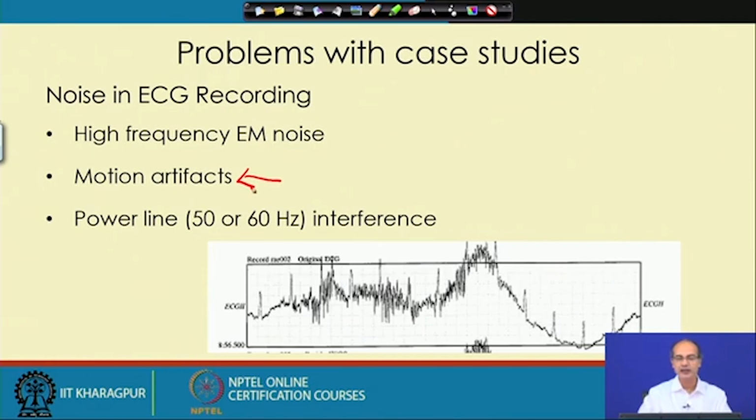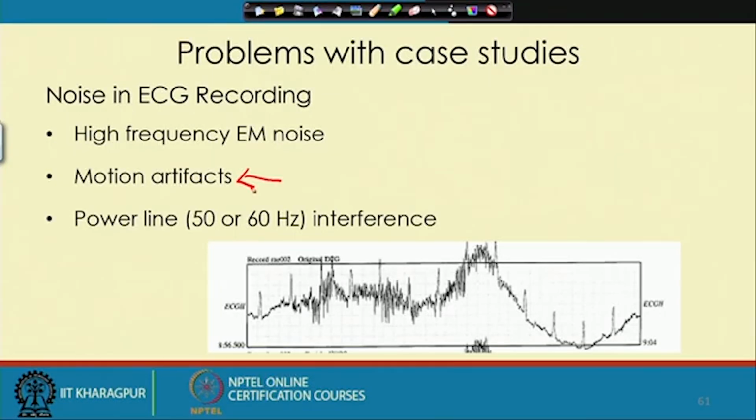The motion artifact comes from the fact that usually we use patch sensors, they are added on the skin to collect the potential, whether it is ECG, EEG or EMG. We do not prefer that invasive kind of probe or needle kind of sensor. So, the patch one is better, it does not hurt the subject.